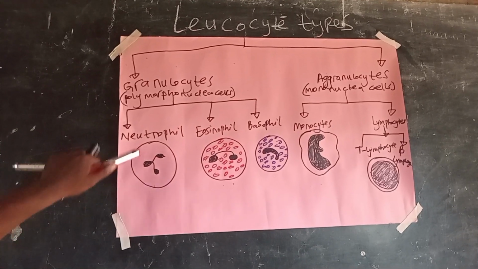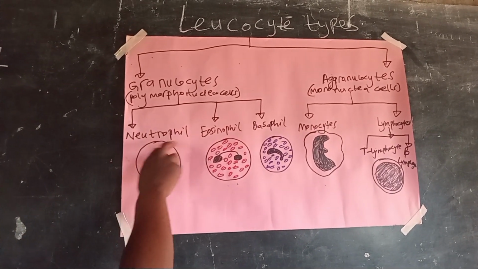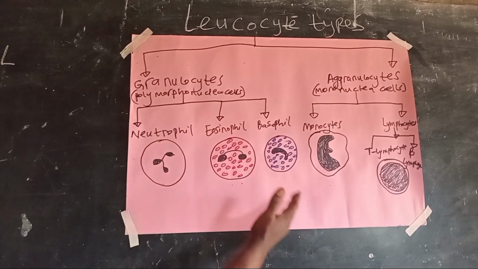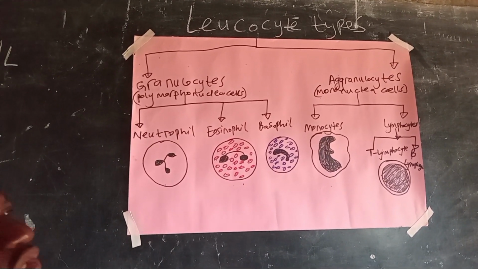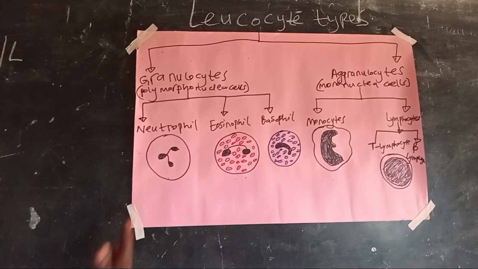So when you look at the neutrophils, the neutrophil is neutral. It neither goes to this side nor this side. That's why they are called neutrophils.